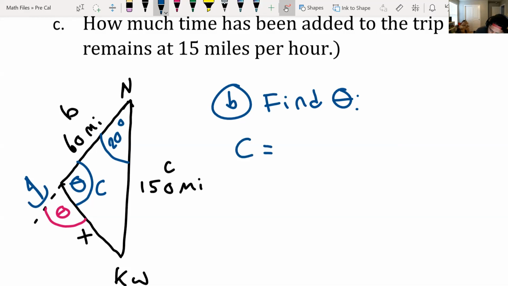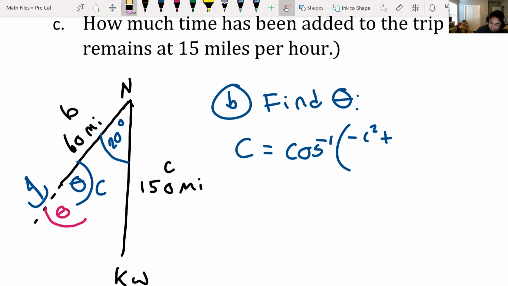So to find this angle C, we know it's given by the inverse cosine of negative C squared plus B squared. Actually, let's just relate everything to the formula. Let's label this side A. That'll work. Okay, so this would be negative C squared.